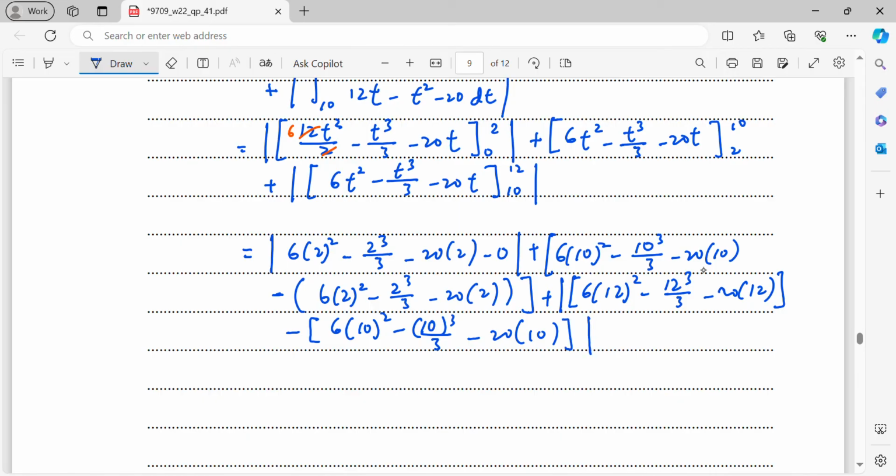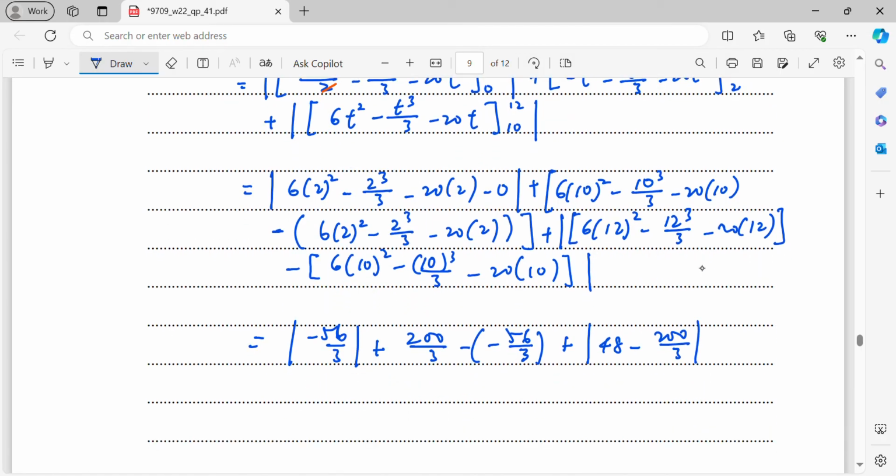Put a modulus. That means now you will be getting modulus of negative 56 over 3 for the first part because you minus 0. And then the middle one will be 200 over 3 minus negative 56 over 3. No need to calculate, just copy from the previous part. Plus modulus of 48 minus 200 over 3. Put a modulus.